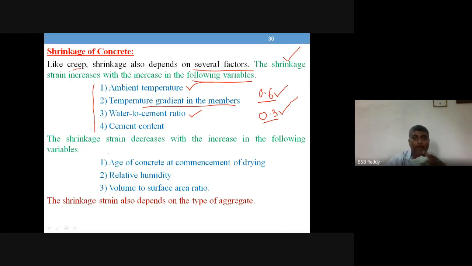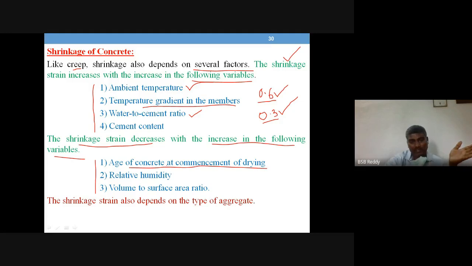Okay. Whereas the shrinkage decreases with increase in the following variables. These are the variables which decrease the shrinkage. So these four will increase the shrinkage strain, whereas these three will decrease it. Right? So you can see age of concrete.